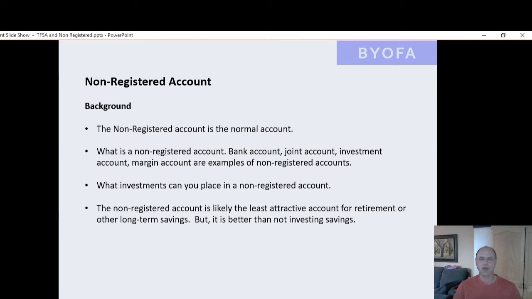Unless you're saving to buy Christmas gifts to be spent in a month, that's a little bit different. But if it's long-term savings and you have room, at least in a tax-free savings account, there is no good reason that you're saving in a non-registered account. Okay, I'm going to move on and I'm going to remove my face.